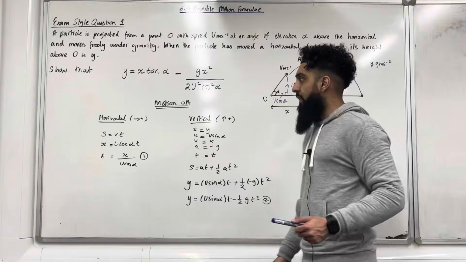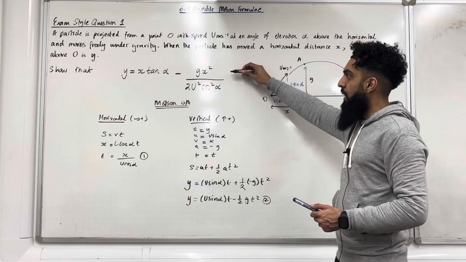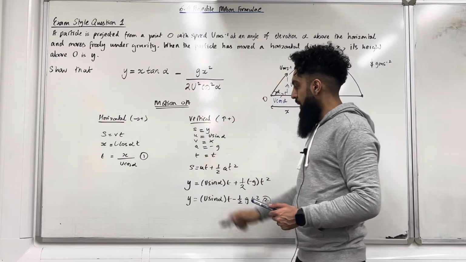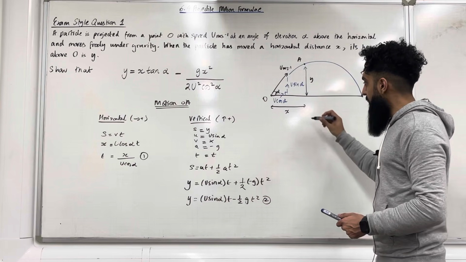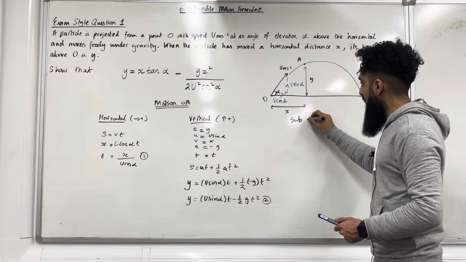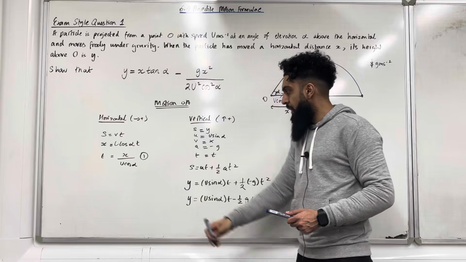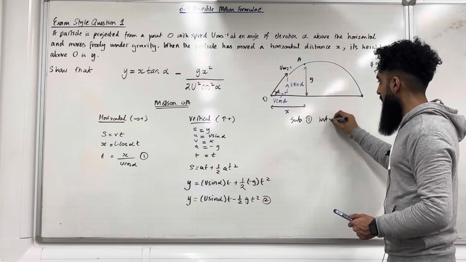Okay, right, so if I go back to what I need to derive, we don't have t's involved. So over here, we need to eliminate the t's. So we're going to substitute equation 1 into equation 2.